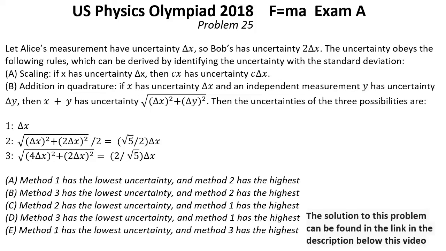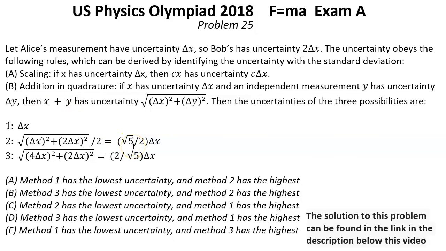If x has uncertainty dx and an independent measurement y has uncertainty dy, then x plus y has uncertainty equal to the square root of the sum of the squares of dx and dy. Then the uncertainties of the 3 possibilities are: first method, dx; second method, square root of dx squared plus (2dx) squared, over 2. This is the uncertainty for (x plus y) divided by 2.